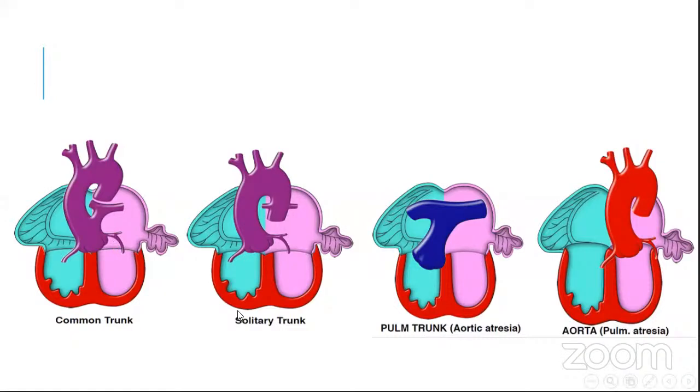Solitary trunk: only one arterial trunk takes origin from the ventricular mass, usually connected through a VSD. The third type is pulmonary trunk with aortic atresia: solely the pulmonary trunk takes origin from the ventricular mass, which, as we see here, is from the right ventricle. Aortic trunk with pulmonary atresia: only the aortic arterial trunk takes origin from the LV, with absence of the pulmonary trunk.